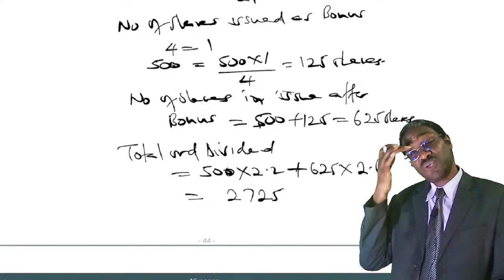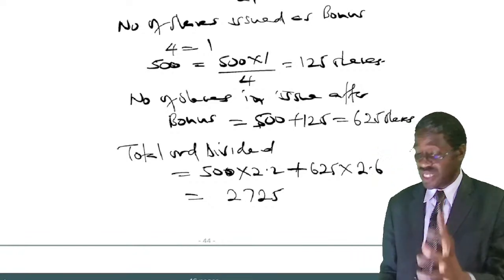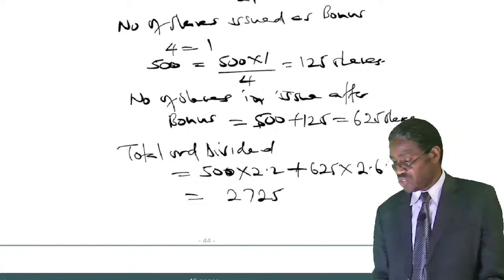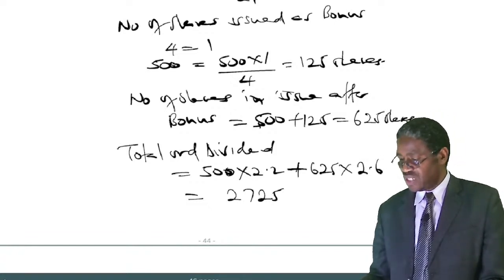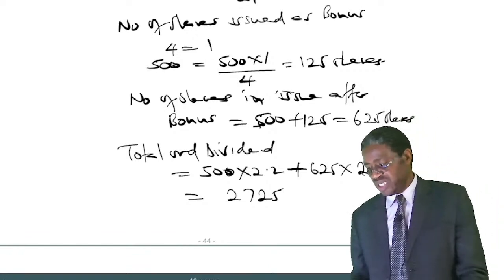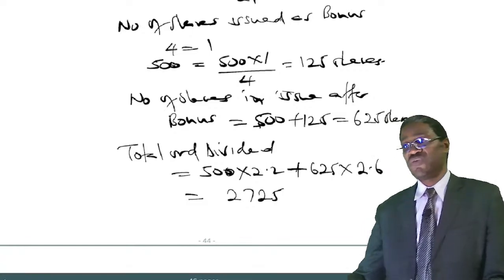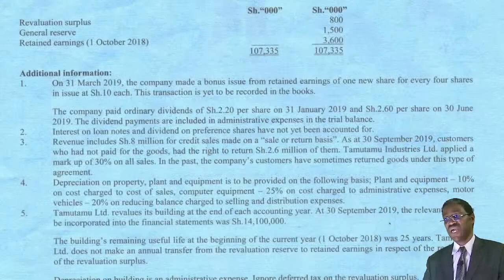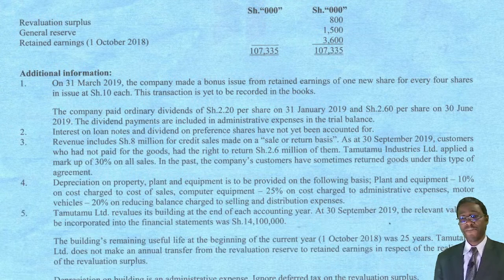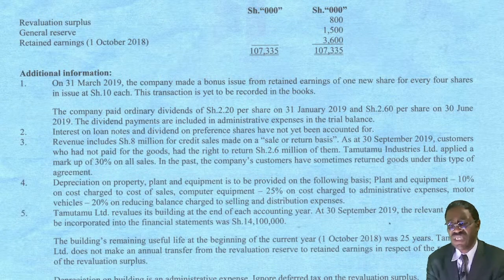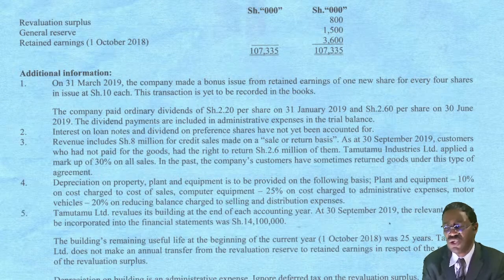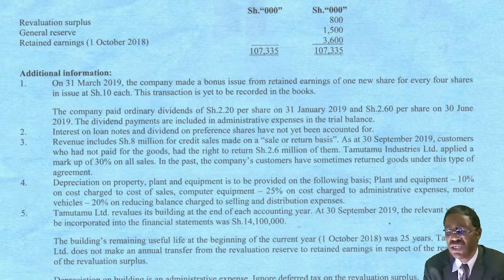Now we can go to note number 2. We want to see whether there is any workings to be done. Okay, let's read it. Interest on loan note and dividends on preference shares are yet to be accounted for.